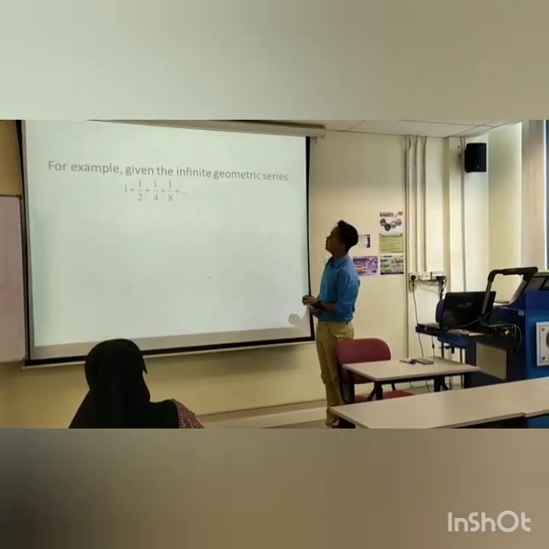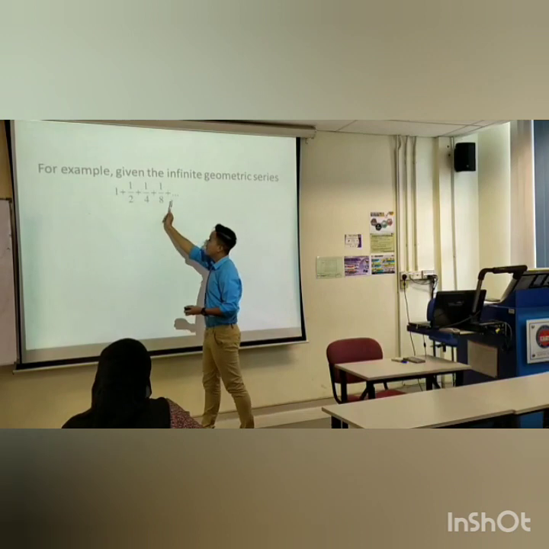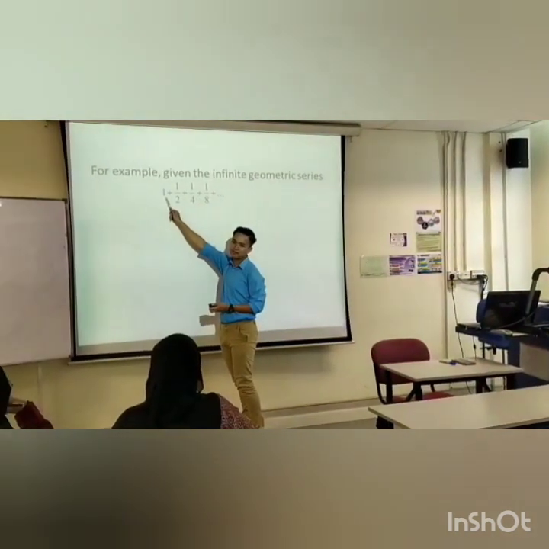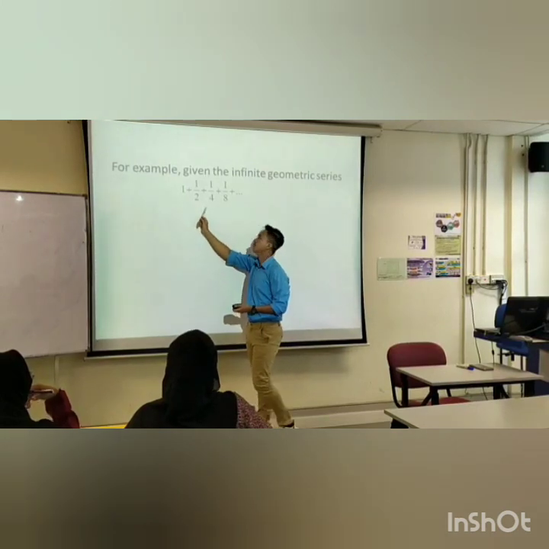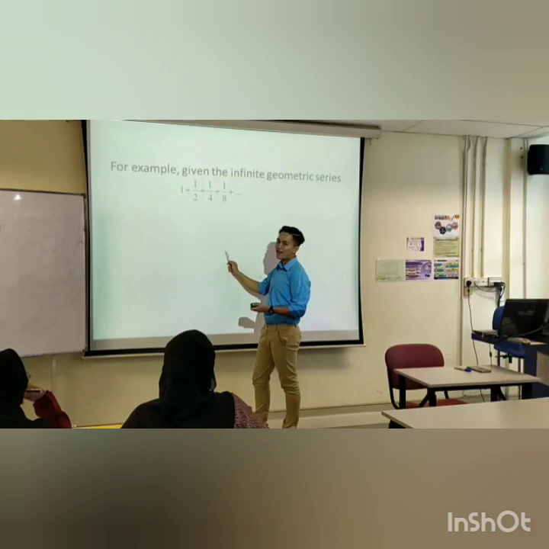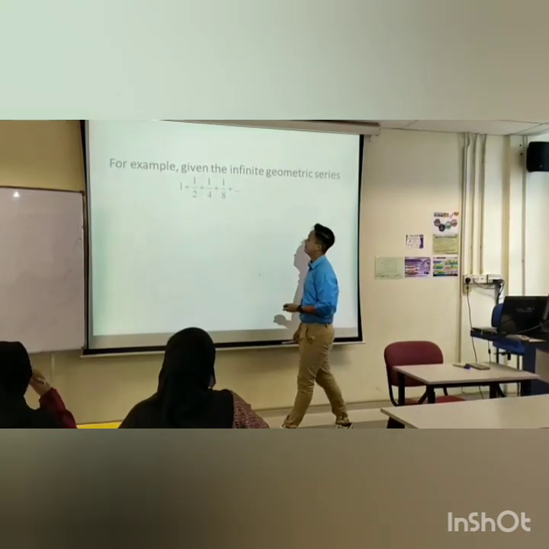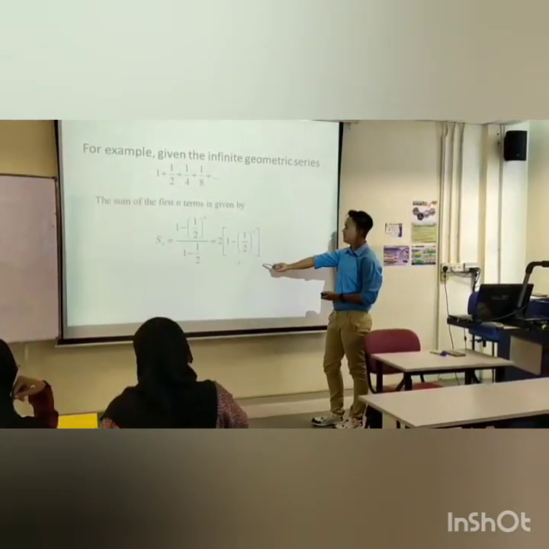For an example, given the infinite geometric series, this is a series. A1 is what? A. R is what? Half. So, we use this and get this.